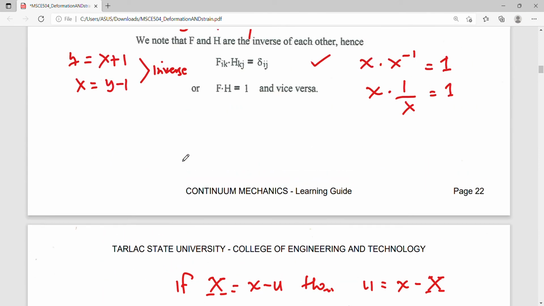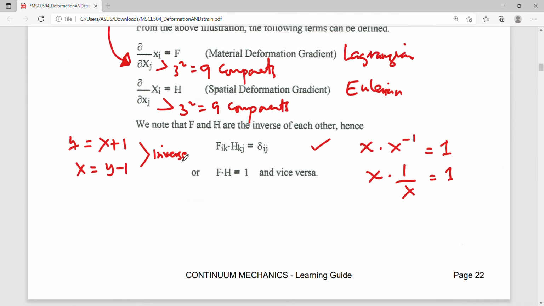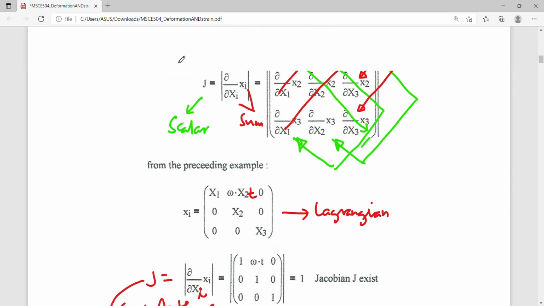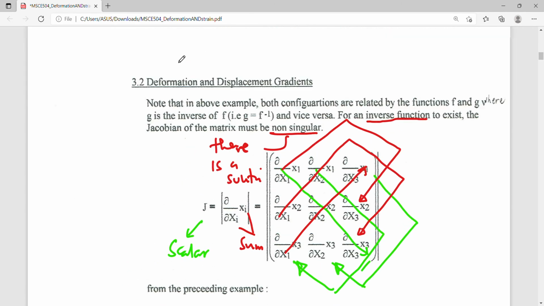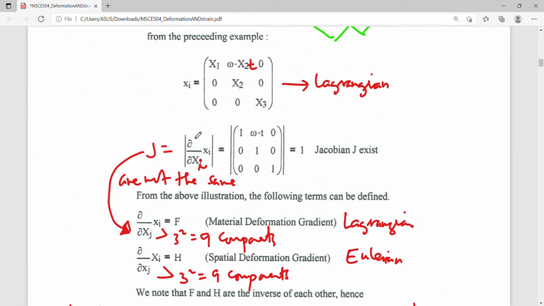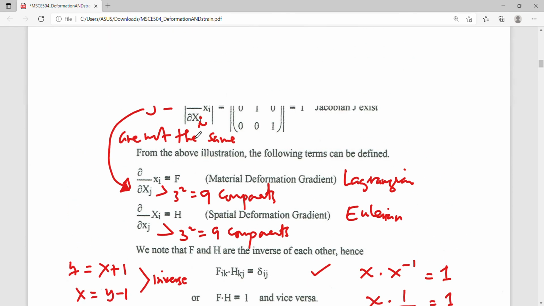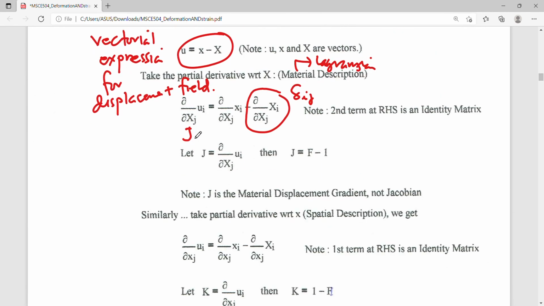J and F. Okay, so this is F. What is your J? Okay, so this was not defined above. It was defined here below.